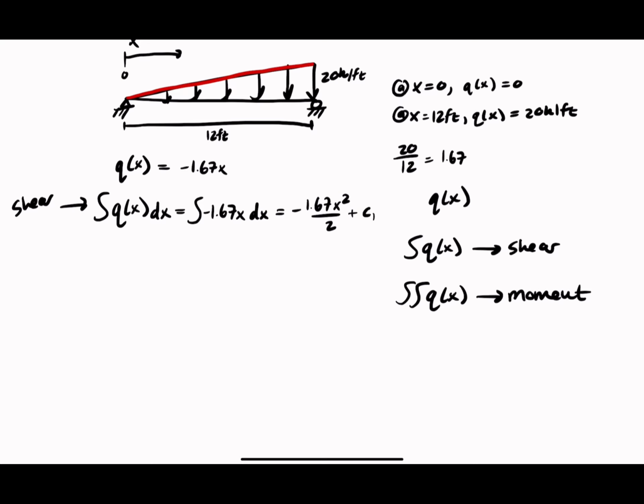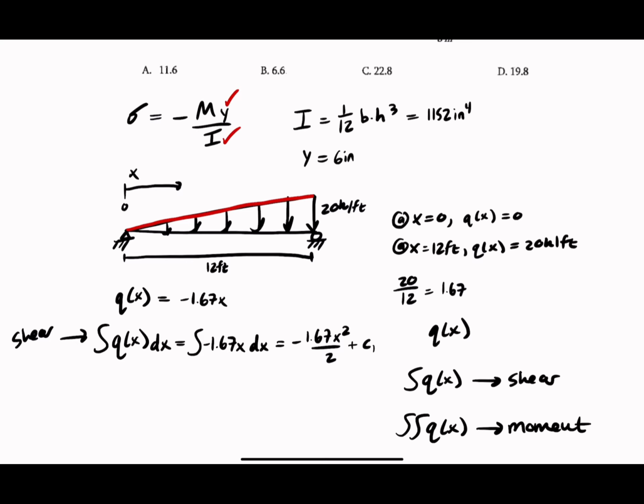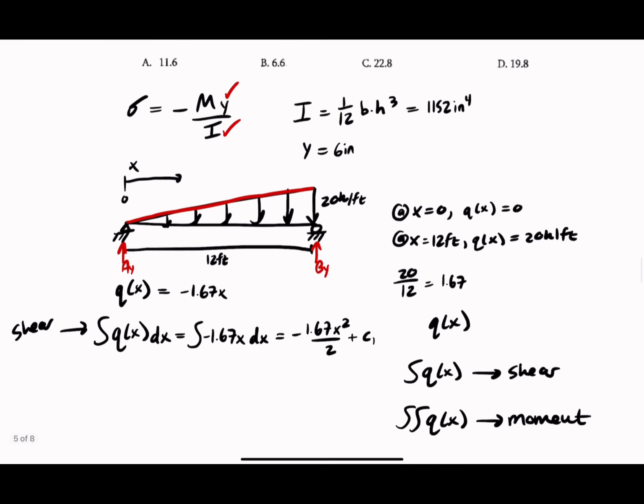So let's try to find the reactions here. A_y, B_y. The force on this triangle should be the area of that triangle. So 1/2 times the base, which is 12 feet, times this 20 kips per foot. That gives us a force of 120 kips.